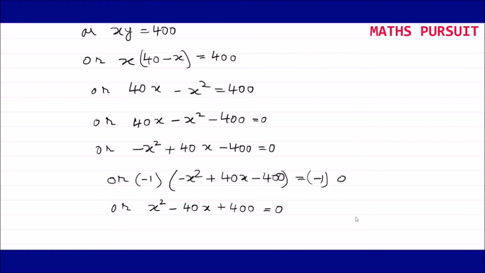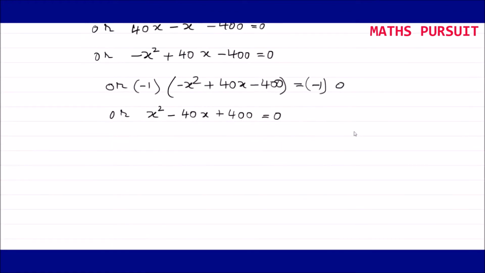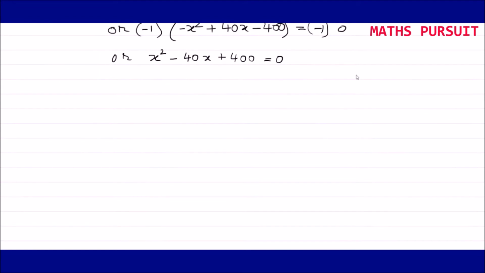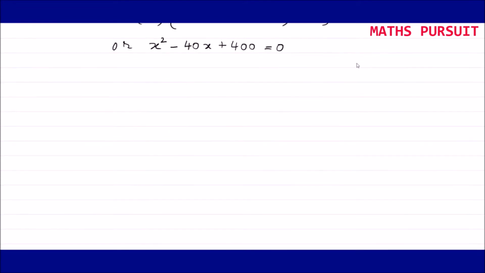So guys, we got a quadratic equation of the form x to the power 2 minus 40x plus 400 is equal to 0. I am going to solve this quadratic equation using the quadratic formula.